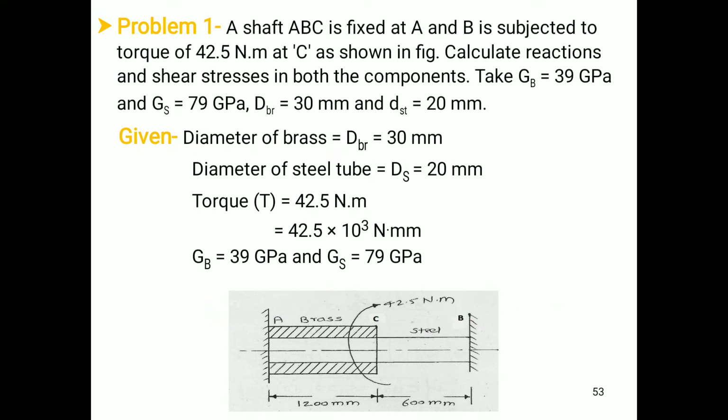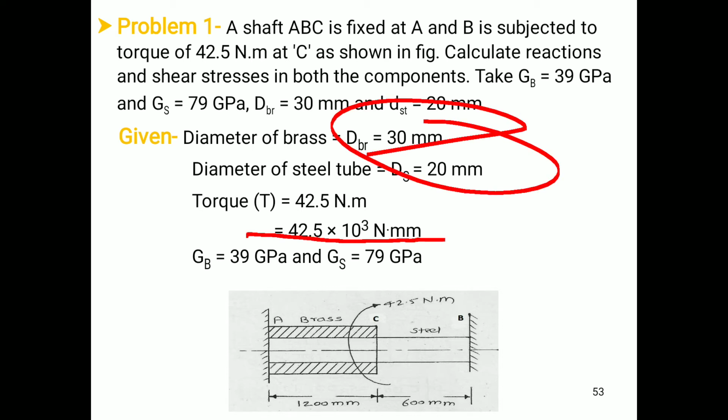As the diameter is in mm, we have to convert Newton meter into Newton mm, so it becomes 42.5 into 10 raised to 3 Newton mm.